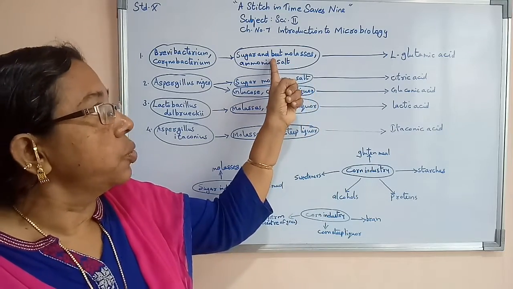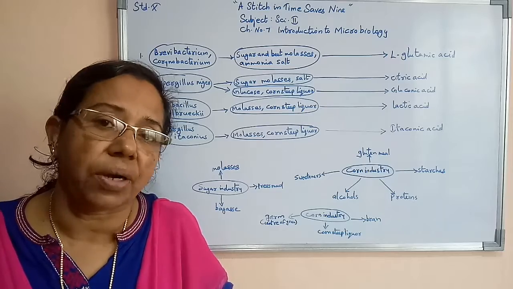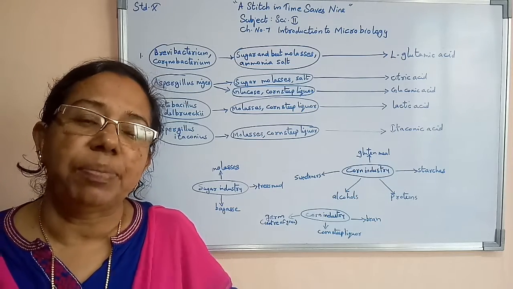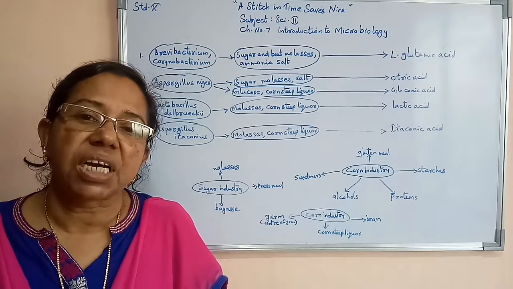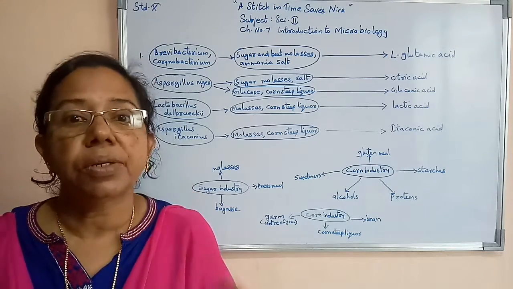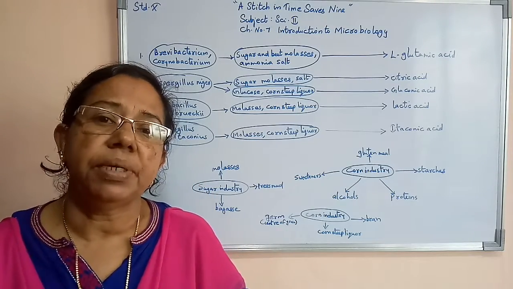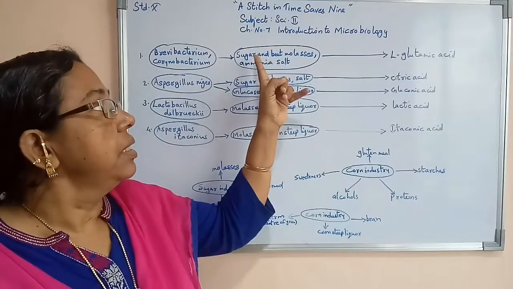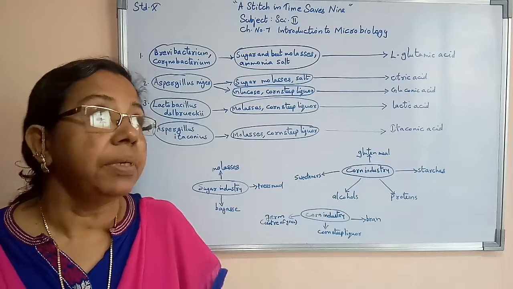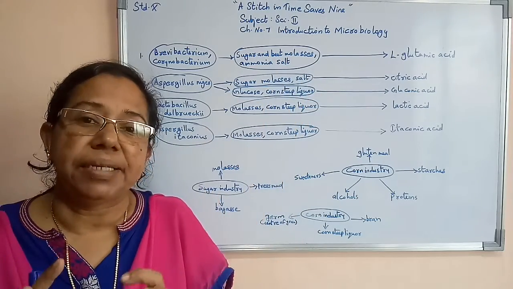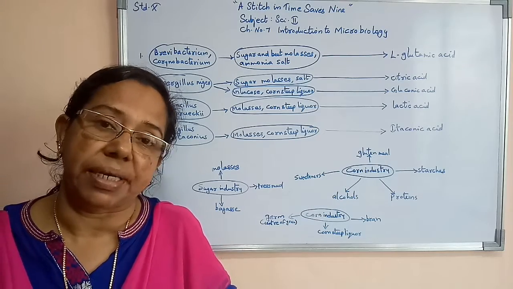Here now, sugar beet molasses. Sugar beet means the beetroot plant, all are knowing. Beetroot, that means the table beet or the beetroot curry we people are making. That beetroot is of the same genus, or same name only, as the sugar beet plant. But at the same time this sugar beet plant has a large quantity of sugar in it.